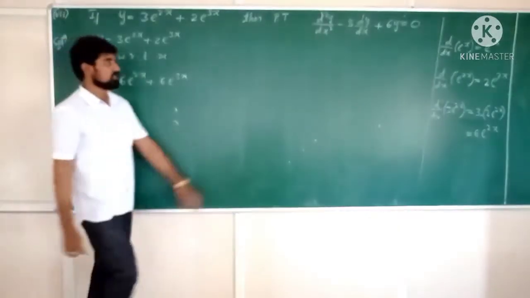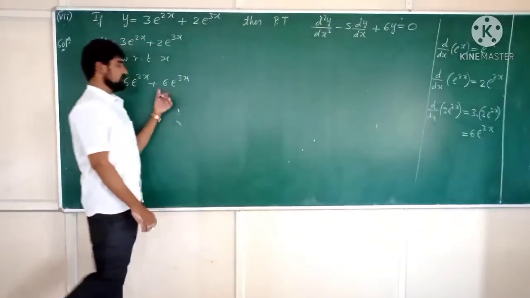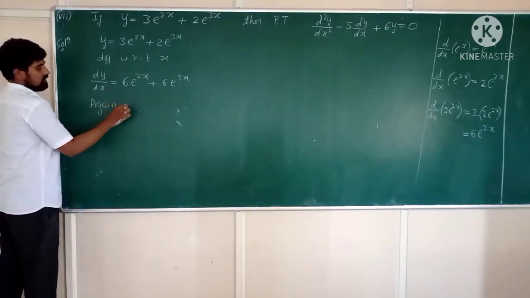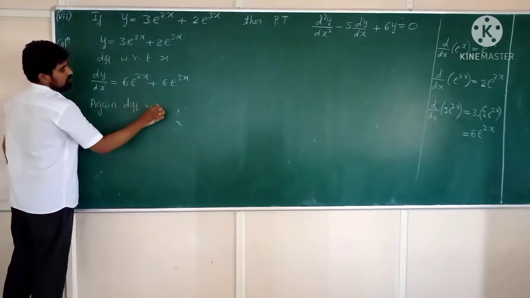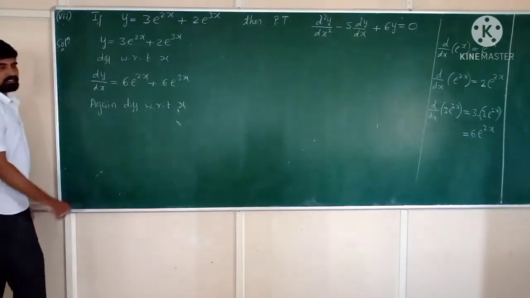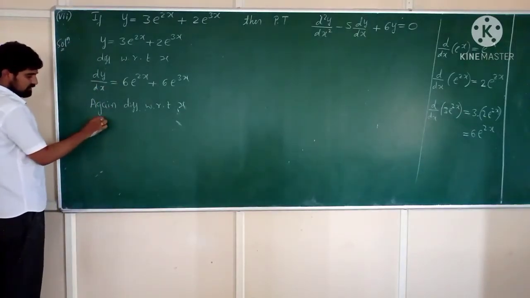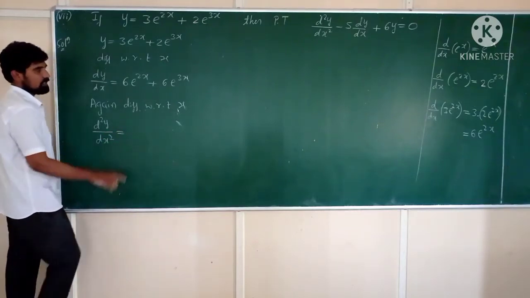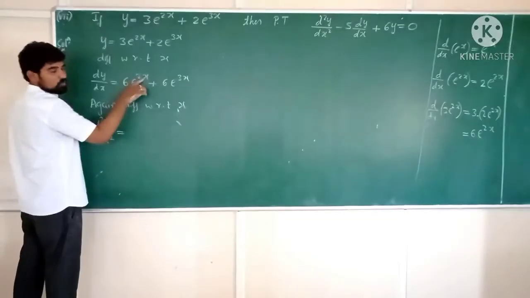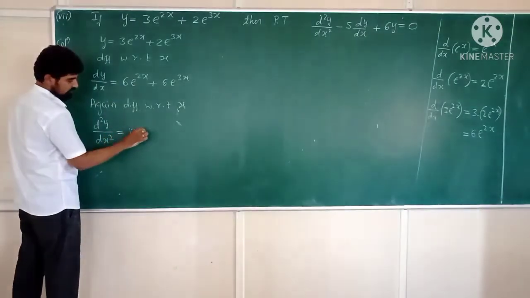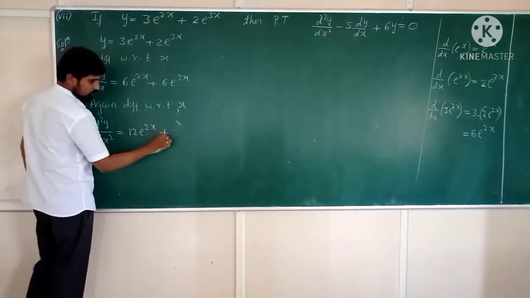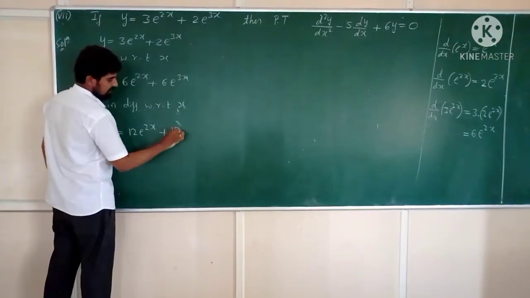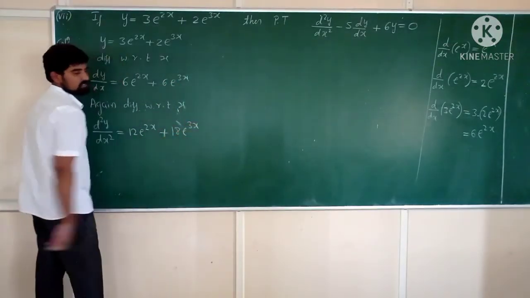Now for the second derivative we need to differentiate again with respect to x. The derivative of dy/dx with respect to x is d²y/dx², which is equal to the derivative of 6 into e^(2x), 6 2s are 12 into e^(2x), plus the derivative of 6 into e^(3x), 6 3s are 18 into e^(3x).